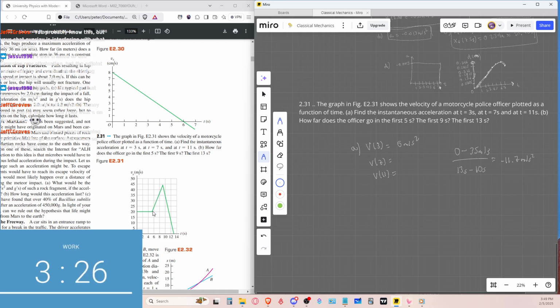We got up to 30, and then we go from 20, so it goes from 20 to 30, so 30 minus 20, and then divide that by, oh, you know what?